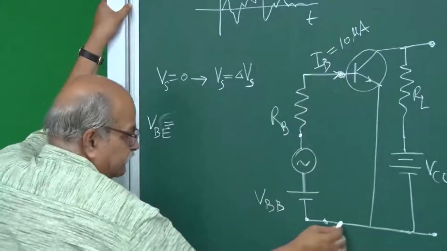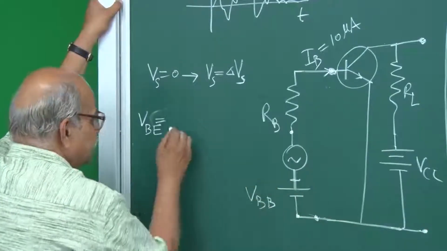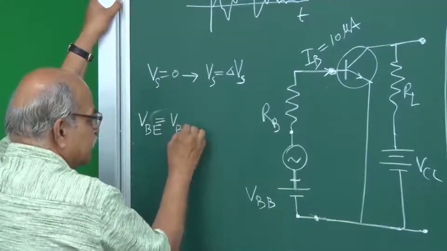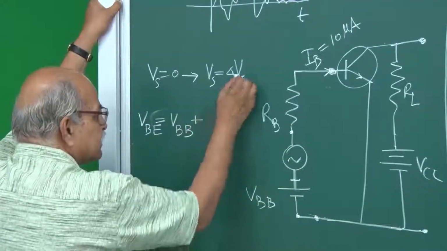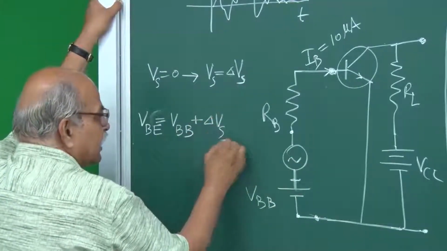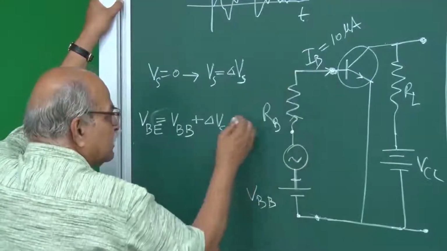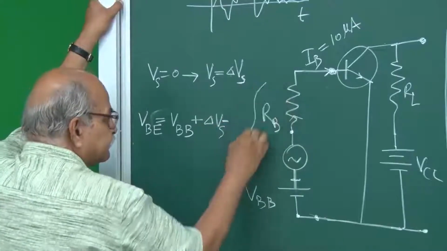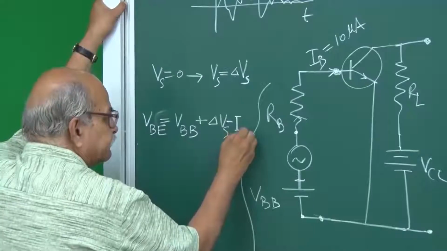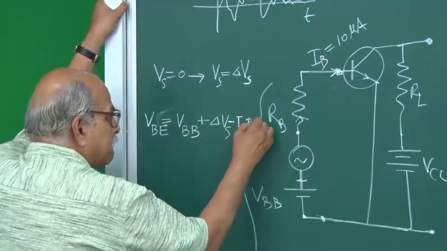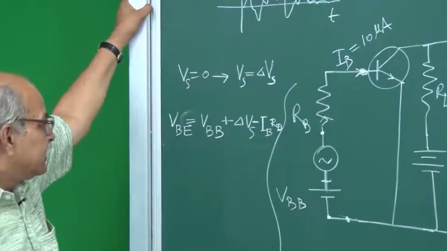Here this is 0, so it is VBB, and then plus Vs, which is delta Vs here. And then how is the current? The voltage is dropping, so it is minus IB into RB.